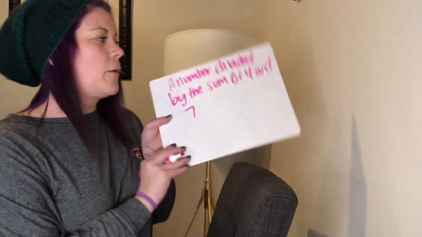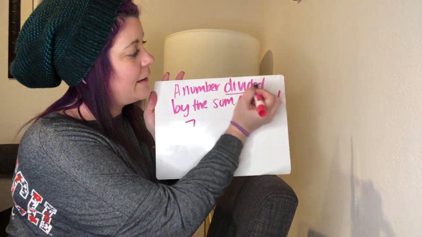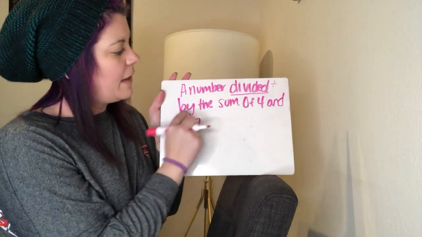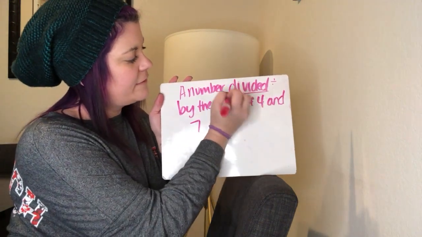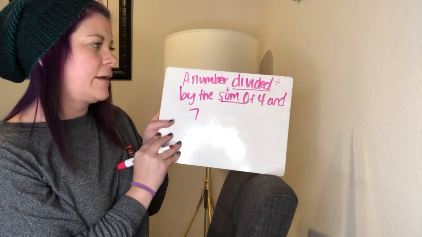Okay, I'll write this one. A number divided by the sum of 4 and 7. So a number divided means division, and the sum means addition, of 4 and 7.